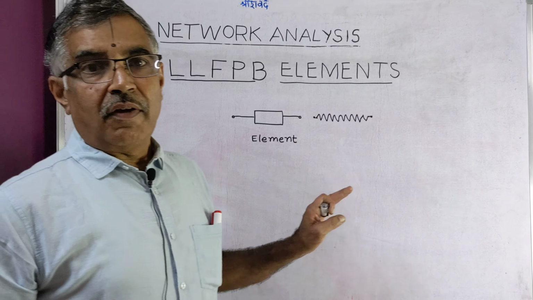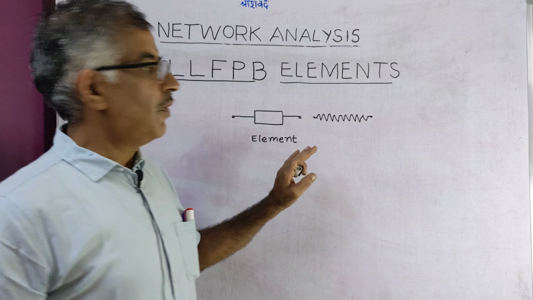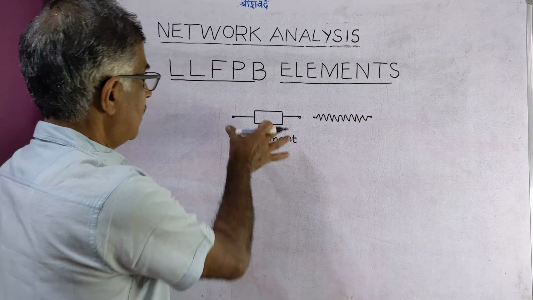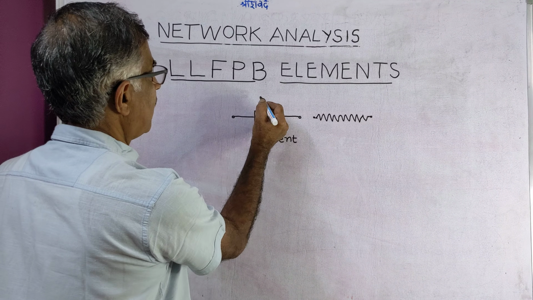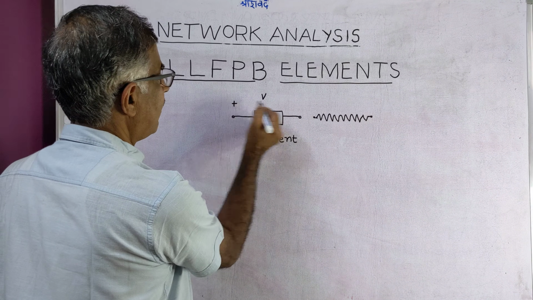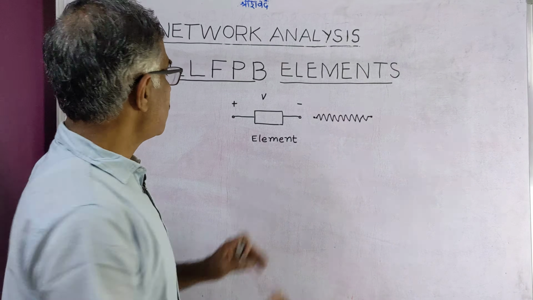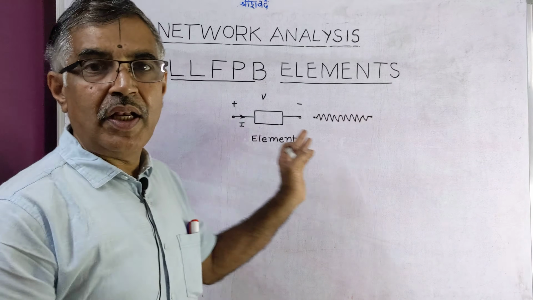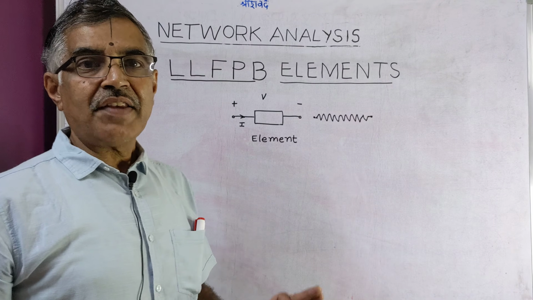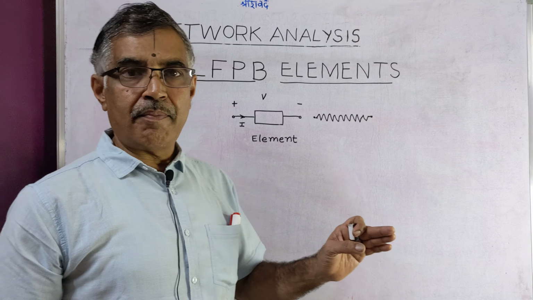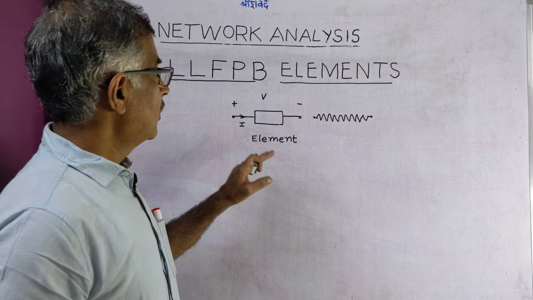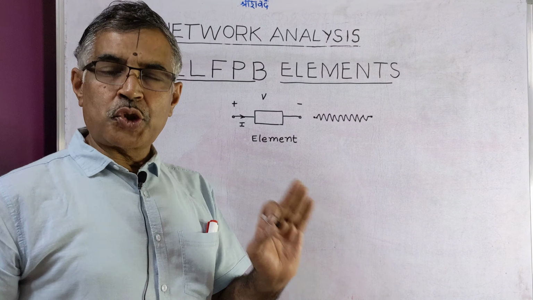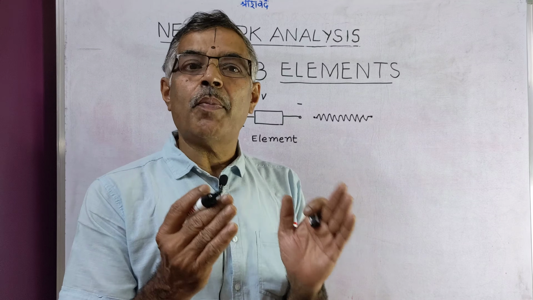But we are concerned with voltage and current measurement at the terminals. What is the voltage between these two terminals? For example, V is voltage and I stands for current, entering one terminal and coming out at the other. As voltage and current measurements are made at terminals, we assume that the resistance is concentrated at a single point.